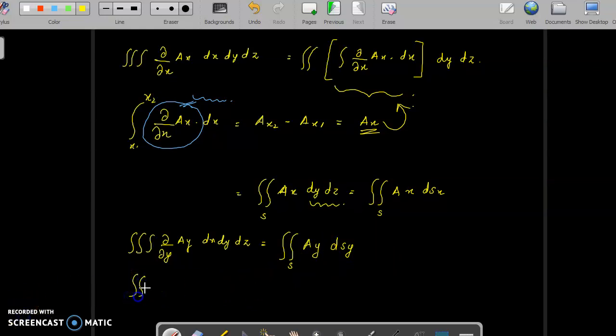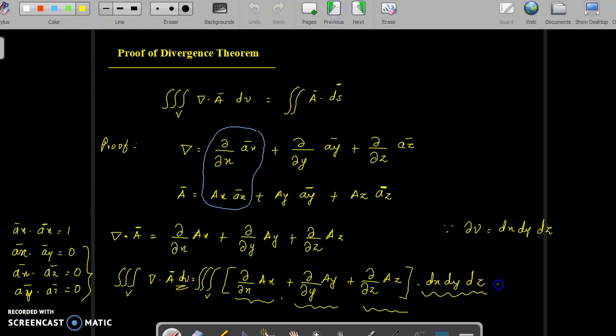And the z component, the partial derivative of Az with dx, dy and dz, can be written as the surface integral of Az dsz. So this term we simplified, and we can write it in the next page.